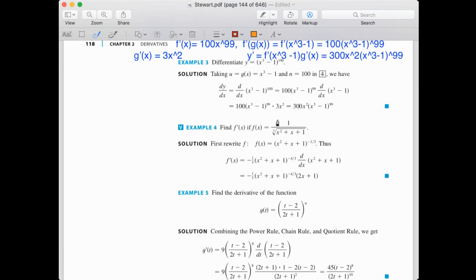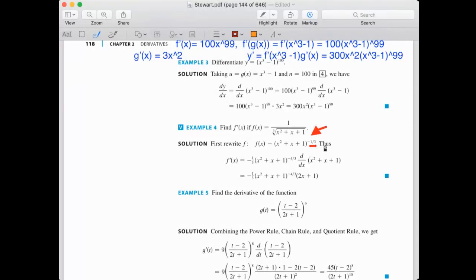Well, let's write this in a polynomial-like form. So you would write f of x equals x squared plus x plus 1 raised to negative 1/3. Right? Then we see the outside layer. The outside layer is something raised to negative 1/3.